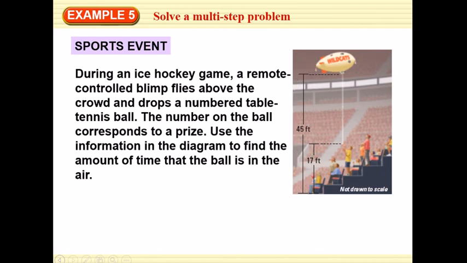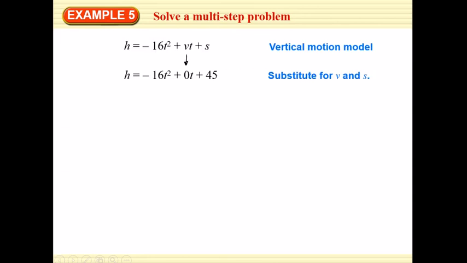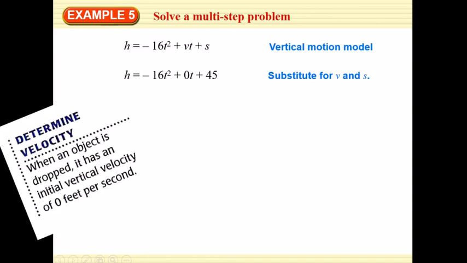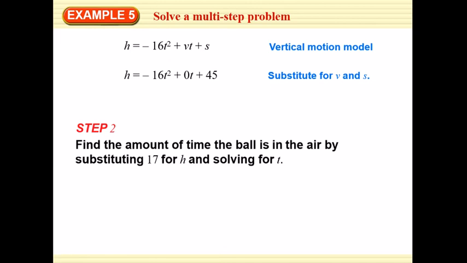Alright, so that is where our 45 comes from. That's your starting height. And determine velocity. When an object is dropped, it has an initial velocity of 0 feet per second. Alright, that's something that we've mentioned previously as well in different sections.